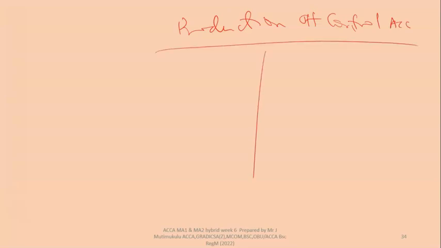We can slot in the figure by debiting this account with indirect materials, let's say 40,000, and then wages control for the indirect wages.